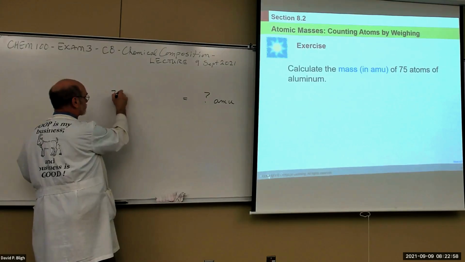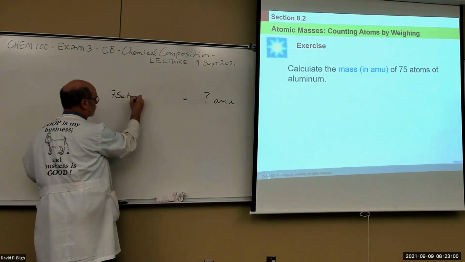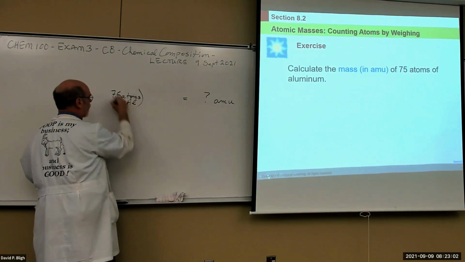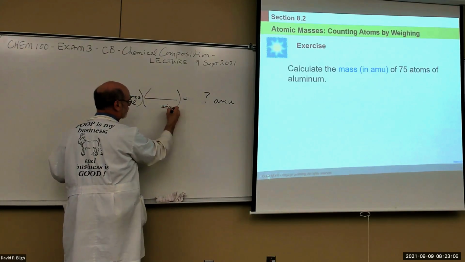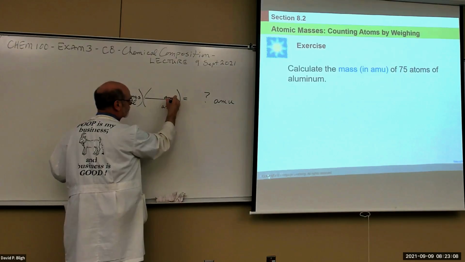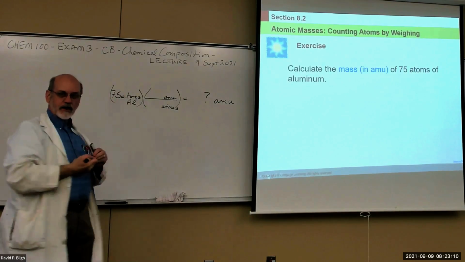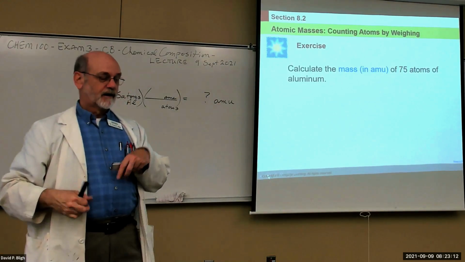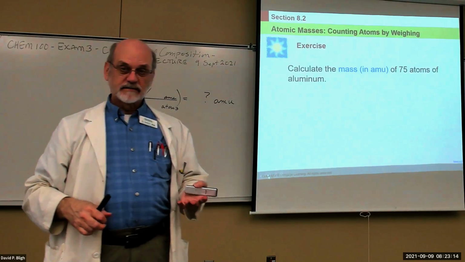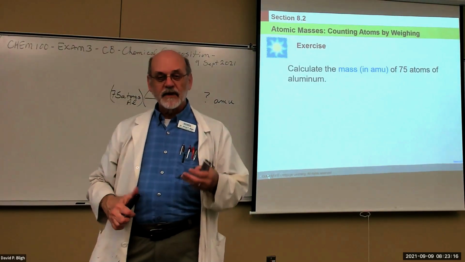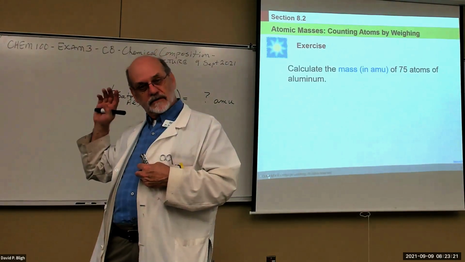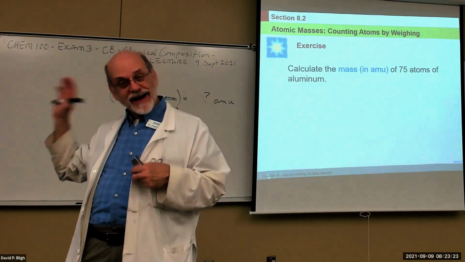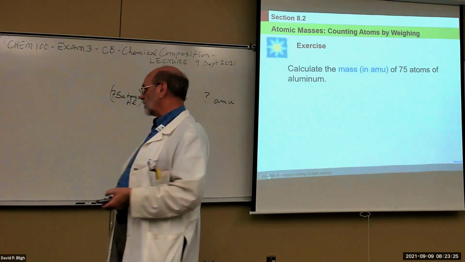That's given. We need a conversion factor that will get rid of atoms and leave us with atomic mass units. So where do you go for that information? The periodic table. You look up what's known as the molar mass or the atomic mass in the periodic table.